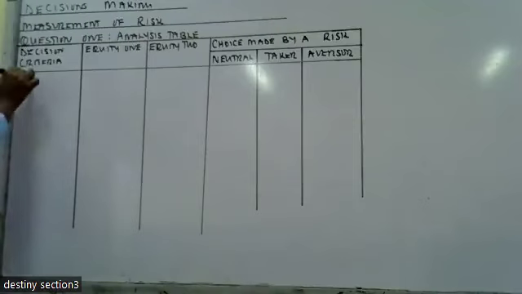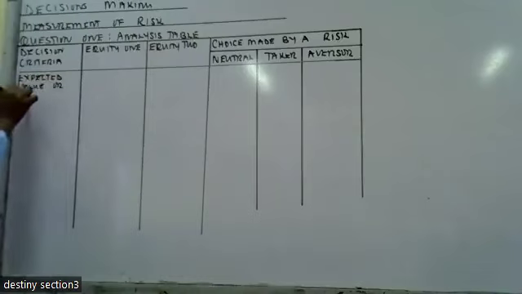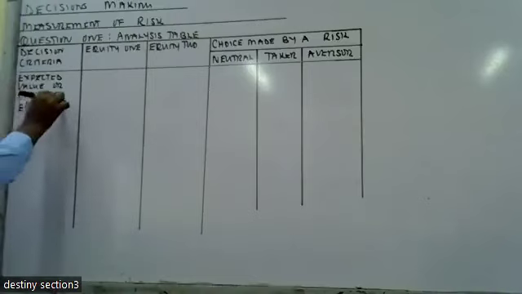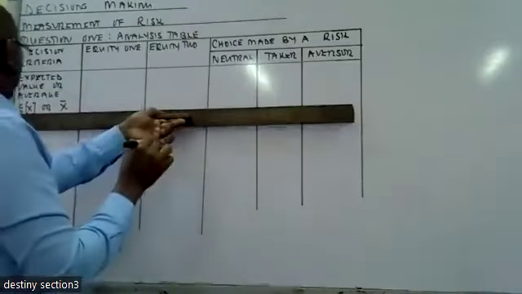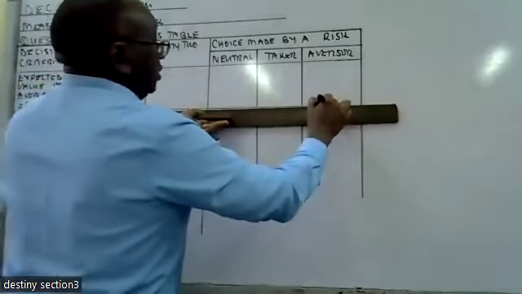So we have the expected value, or average. That is the expected value of x, or x bar. Your computation, we shall just pick it from the question. It is given.